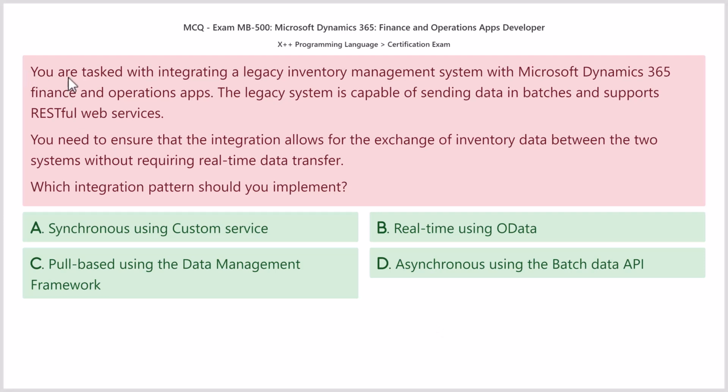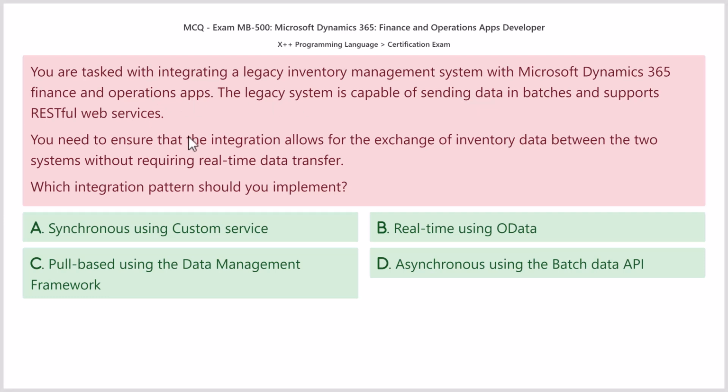As you can see in the red ink, you are tasked with integrating a legacy inventory management system with the Microsoft Dynamics 365 Finance and Operations application. The legacy system is capable of sending data in batches and it supports a RESTful web service.